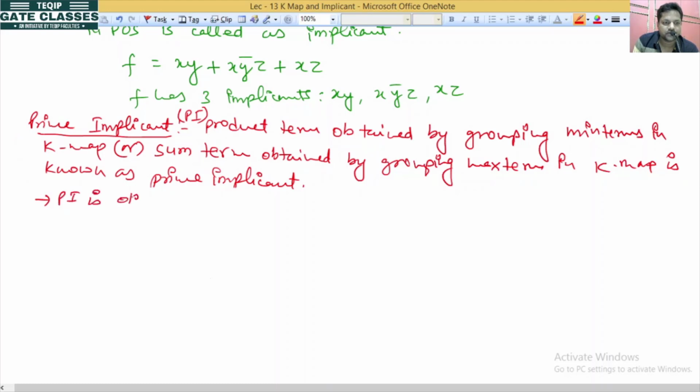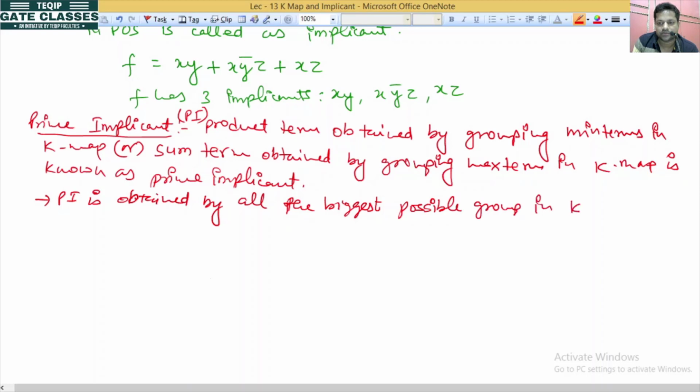PI is obtained by all the biggest possible grouping in K-map.